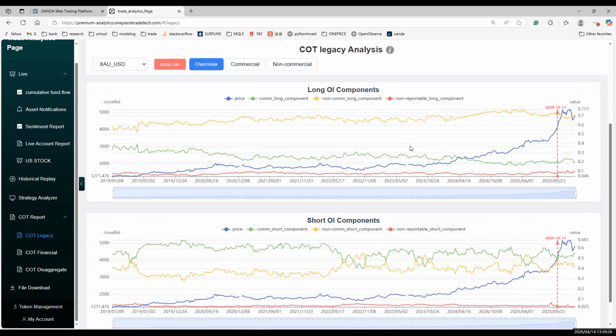And the commercial traders in the legacy report are quite broad. The definition is quite broad. They may include the producers, miners of the physical asset. They could include corporate treasuries. They could include banks, commercial banks or central banks.